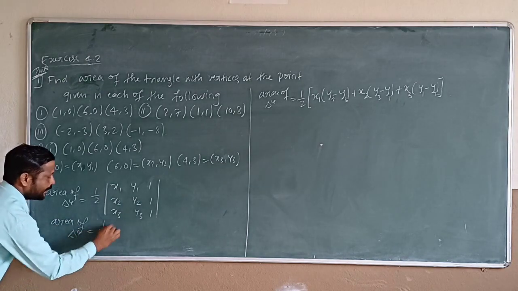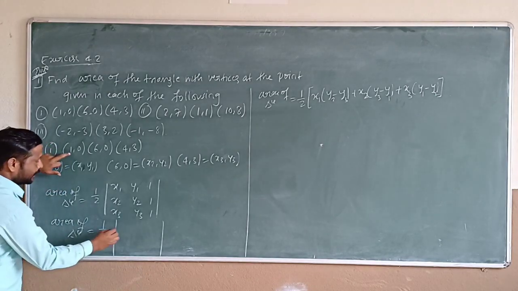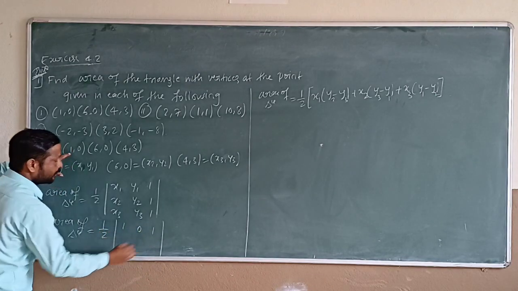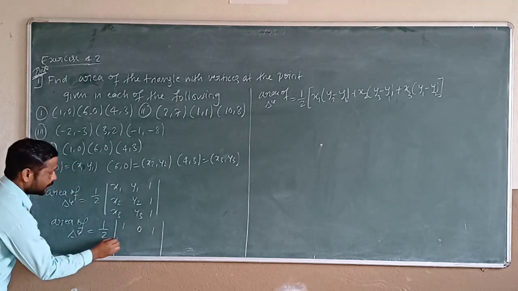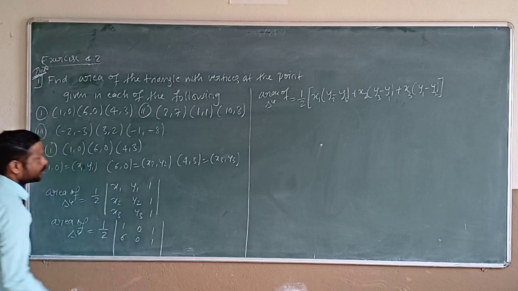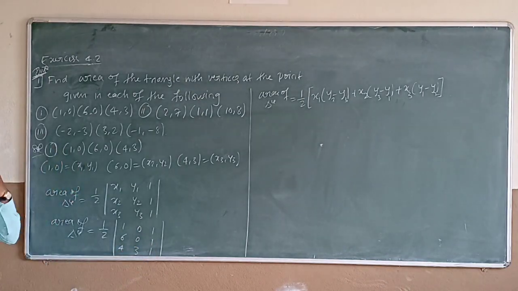that is 1 by 2 into the determinant now. Right? What is x1? x1, y1 is 1, 0, 1; x2, y2 is 6, 0, 1. Right? x3, y3 is 4, 3, 1. Right?